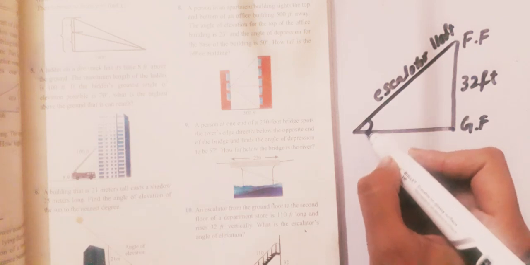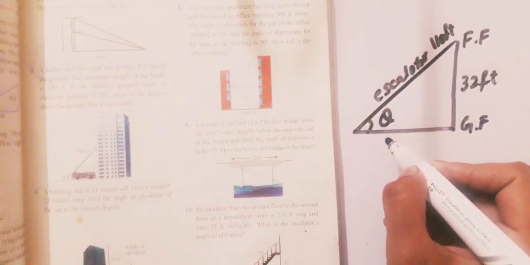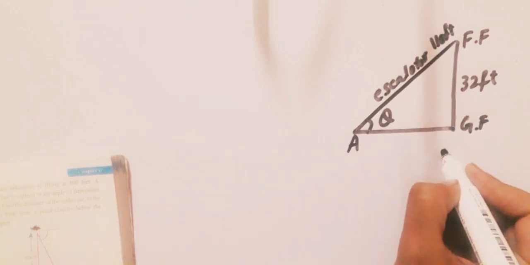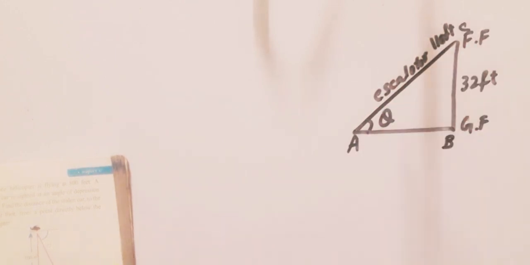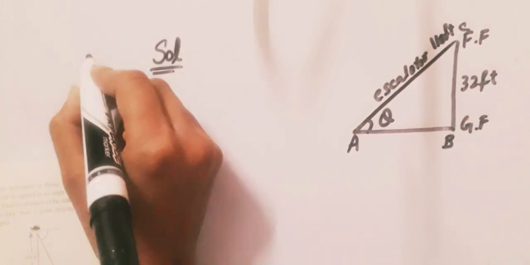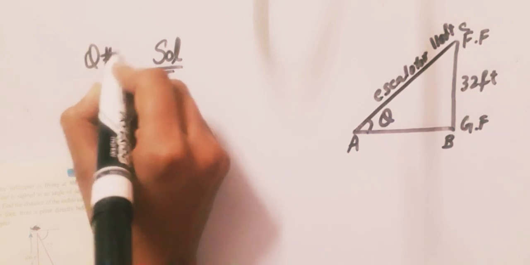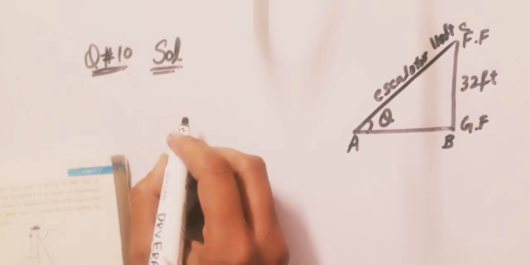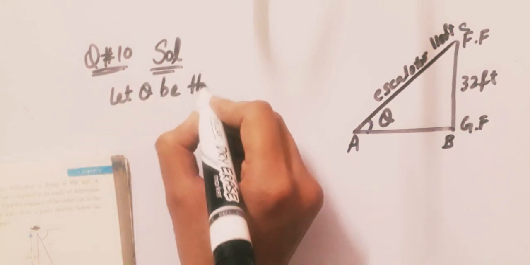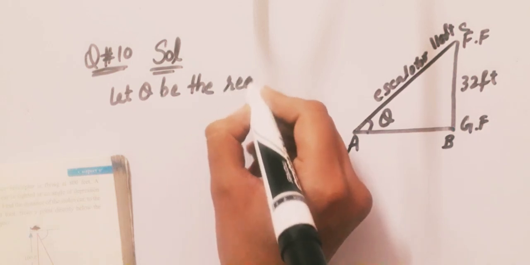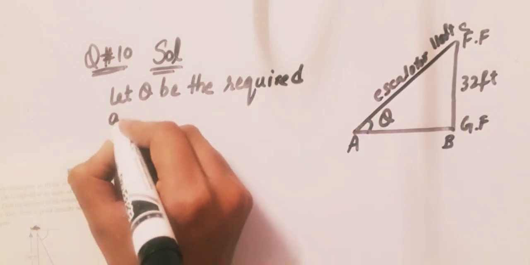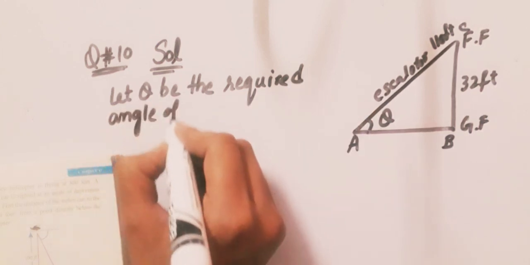You have to find this angle. Consider this is a right angle triangle A, B and C. Now you will solve this by using trigonometric ratios. Let theta be the required angle of elevation.